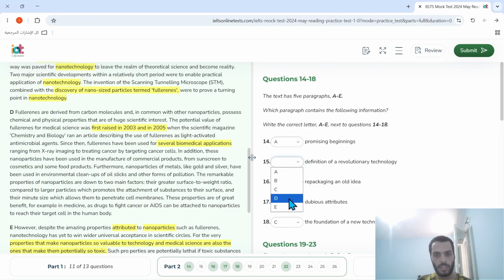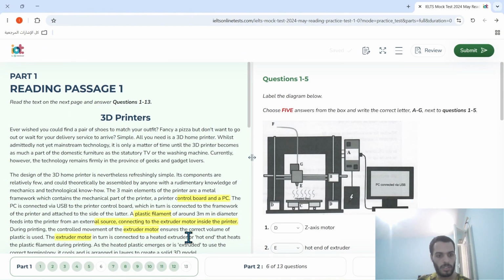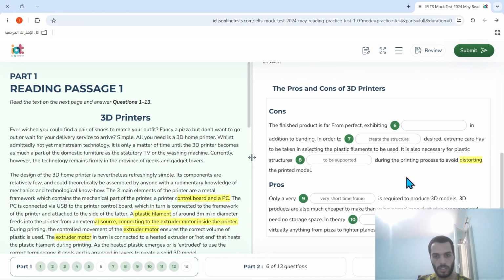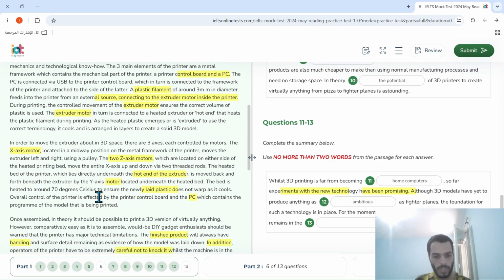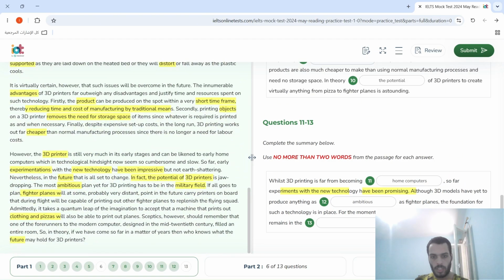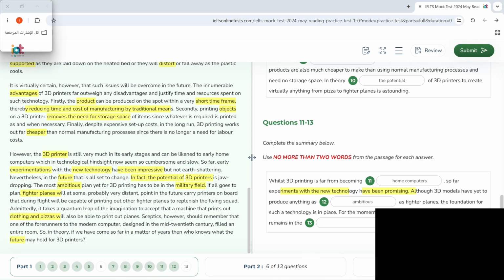So the foundation for such a technology is in place for the moment.